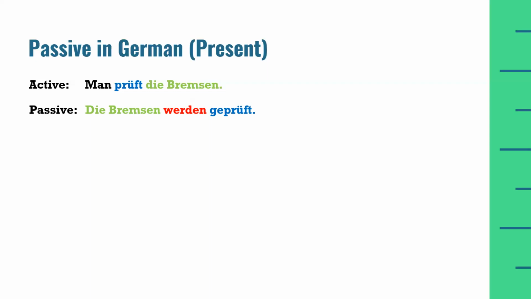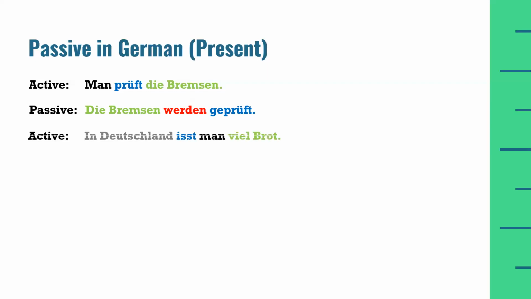So die Bremsen, and then we use the werden verb as it is because Bremsen is a plural noun, so werden remains werden. And in this case, since man is used in the active sentence, we will not use von dem man. Rather, we simply use the participle zwei form at the last position of the sentence, which is geprüft in case of prüfen.